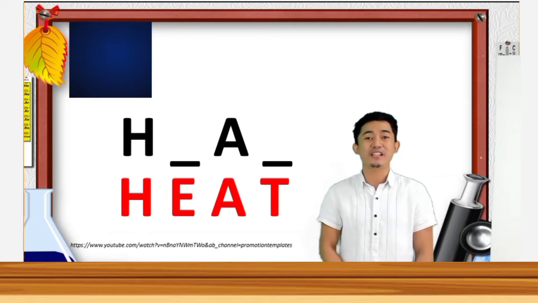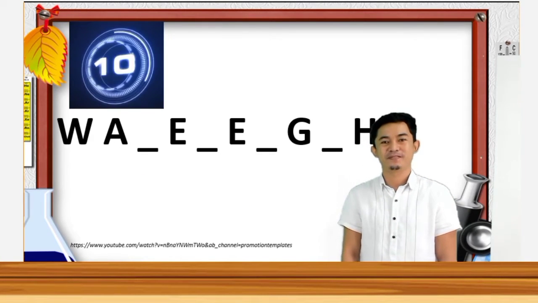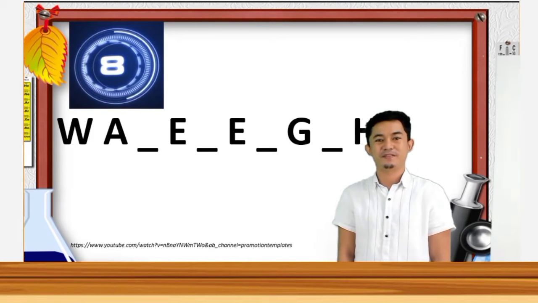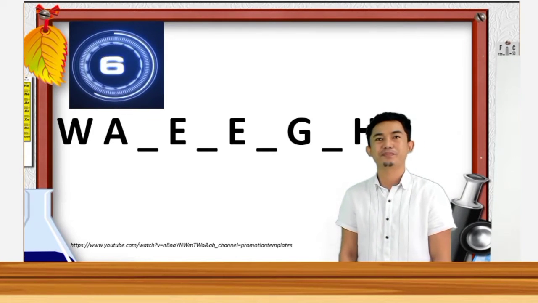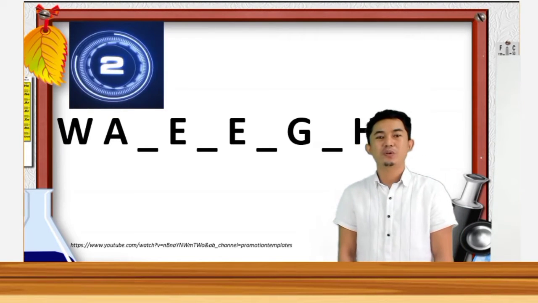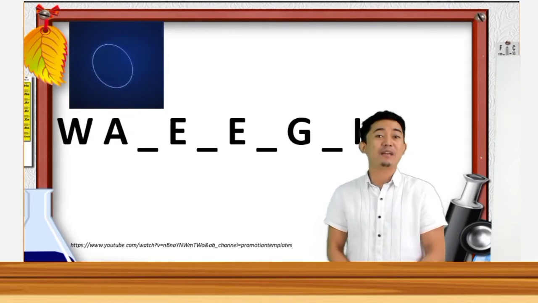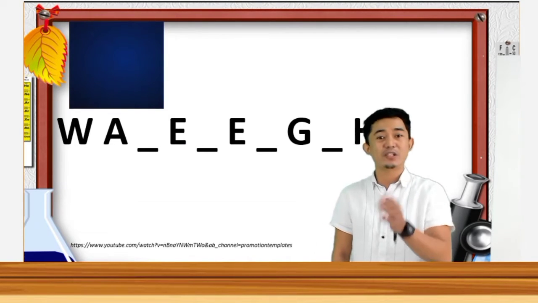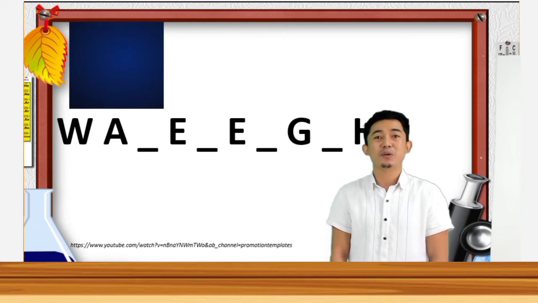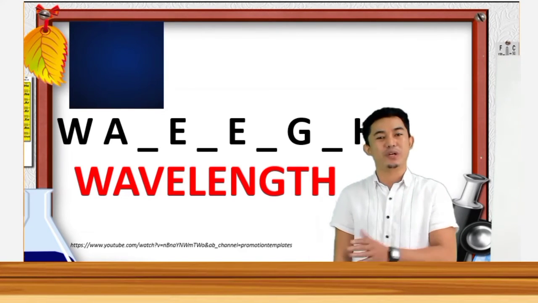How about this next word? Three, two, one, zero. Time's up. Okay, you need to type your answer in the comment section, and the answer would be wavelength. Okay, correct. How about this last word?